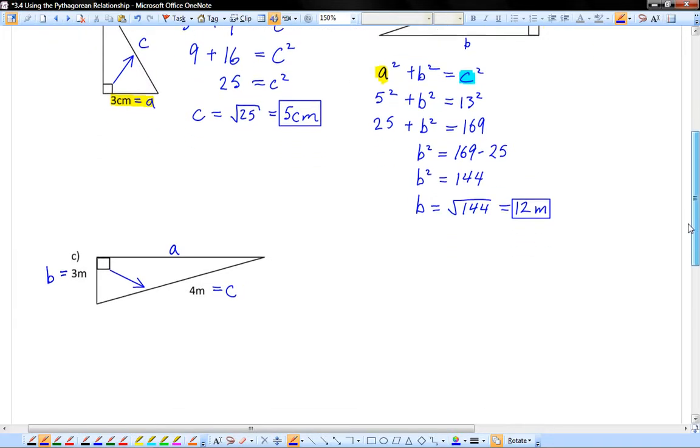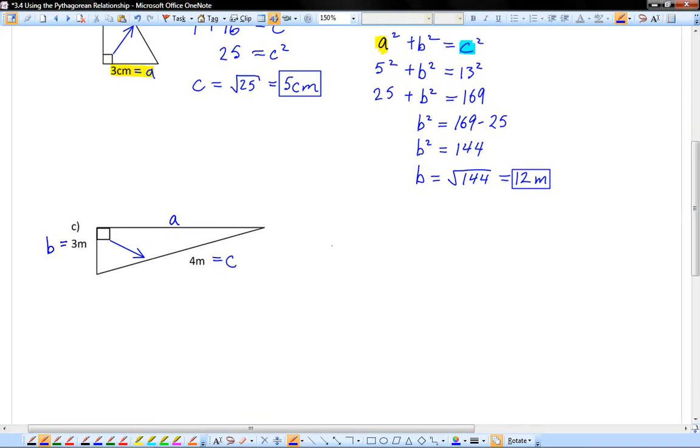Okay, so again what I'm going to do is I'm going to write down that Pythagorean relationship, which is a squared plus b squared equals c squared, and I'm going to replace b right here with 3. I'm going to replace c right here with 4.